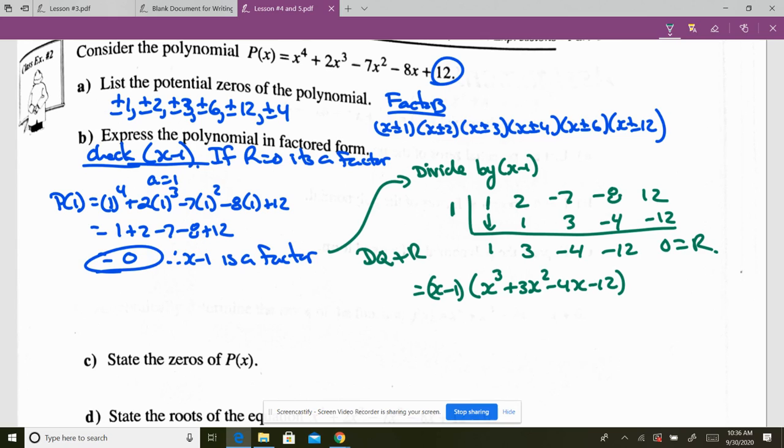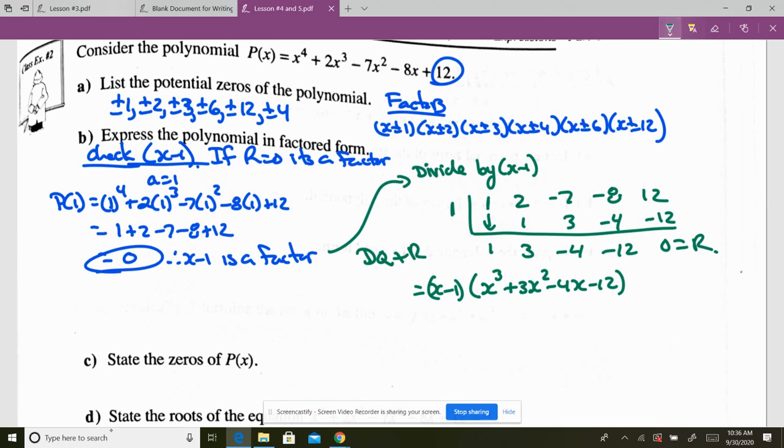Okay. Why is this question not fun? Do you know how to factor a cubic? So what do you have to do? Do it again. Right?